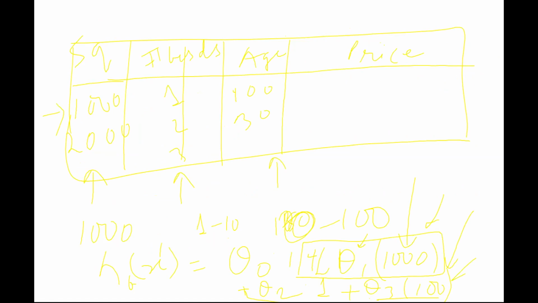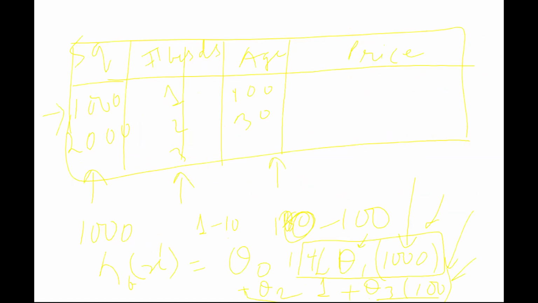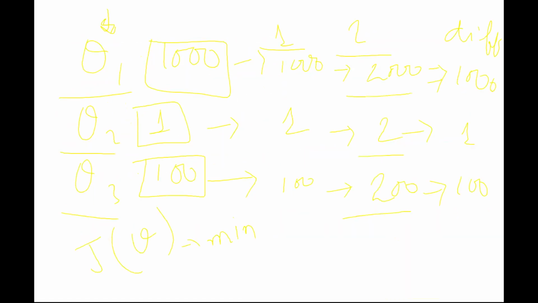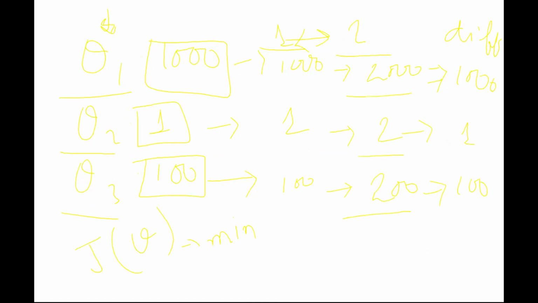If I take theta equal to 2, what will it be? It will be 2 into 1000, that is 2000, then 2 into 1, 2, and 2 into 100, 200. So you can see that with a change in theta of just a single digit, this complete term, this complete term, and this complete term are changing in different fashion.